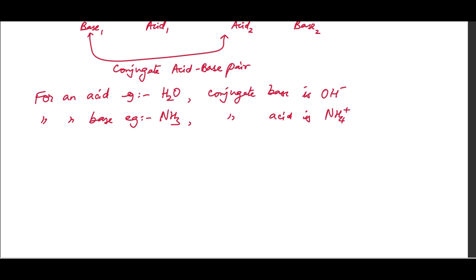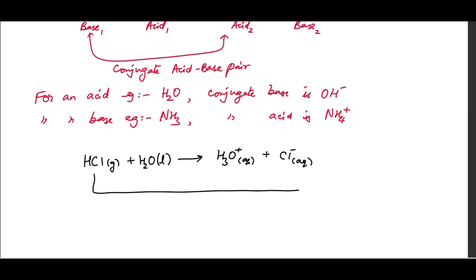So let's write HCl gas plus H2O liquid gives H3O plus aqueous plus chloride ion aqueous, right? So for HCl, this is acid, the conjugate base is Cl minus. For H2O, in this case H2O is acting as a base, its conjugate acid is H3O plus.